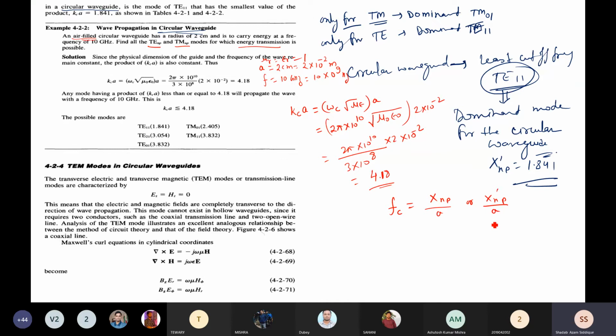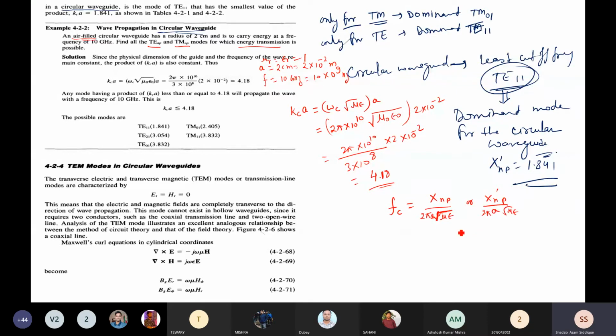Sorry, the cutoff frequency is equal to x_np or x dash np upon 2 pi root under mu epsilon. So x_np divided by 2 pi a root under mu epsilon.